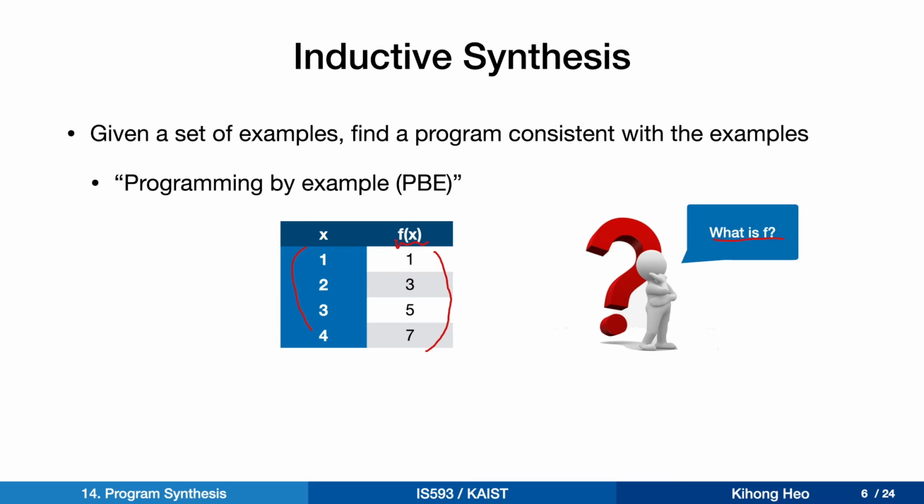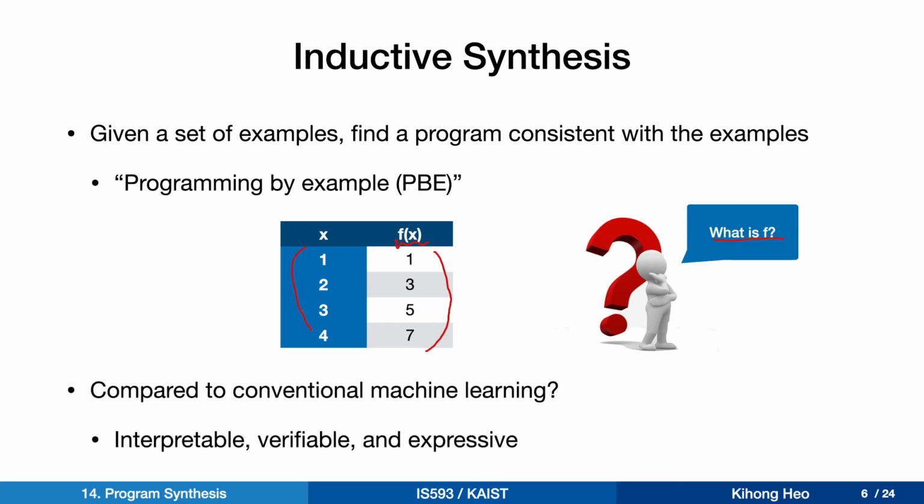One might wonder whether this is a conventional machine learning problem, finding a function from a given set of examples. But there are clear differences here. Compared to a conventional machine learning model, synthesized programs are more interpretable because they are written in human readable programming languages.